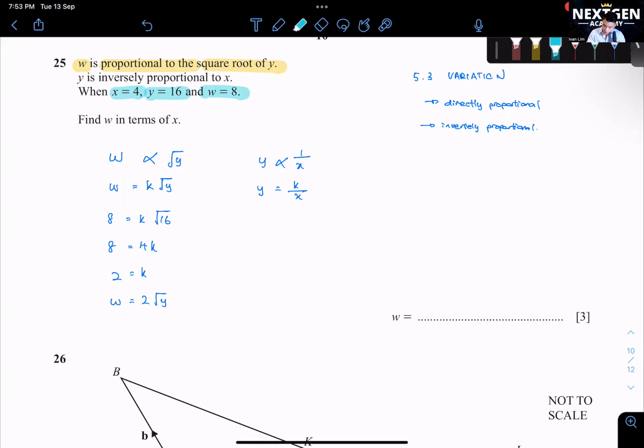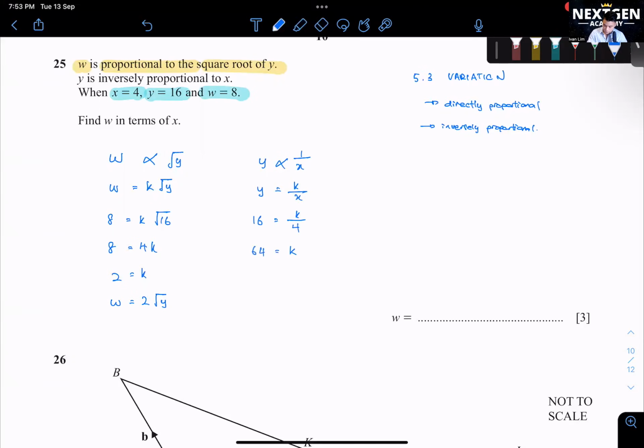For y and x, I am just subbing in 16 equals k over 4. Therefore, k equals 16 times 4, which is 64. So we will get y equals 64 over x.